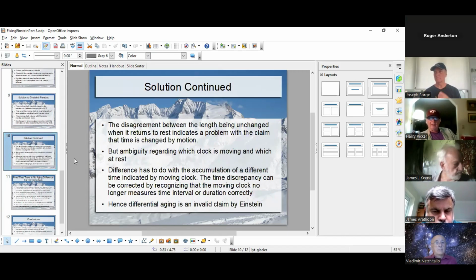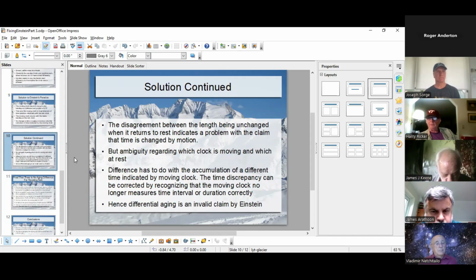Okay. The length of a rod is unchanged when it returns. Well, the clock's rate is going to be unchanged when it's returned, but its reading is going to be different because it's counting the ticks continuously during its journey, and it's counting fewer ticks when it's moving.